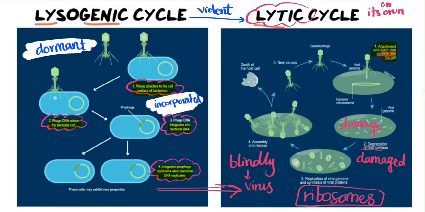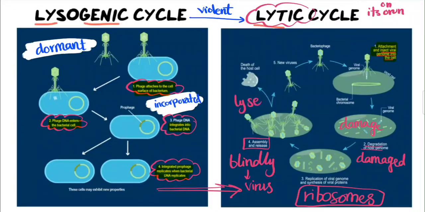Okay? The individual parts of the bacteriophage are synthesized, as you can see here: the capsid, the viral DNA, the spikes and everything. Then it's going to assemble and release them. The release occurs due to lysis of the cell surface membrane. The cell surface membrane of this particular bacterium is going to rupture and lyse.